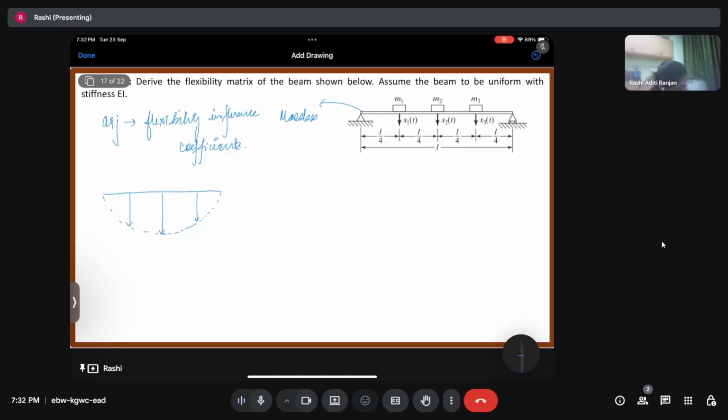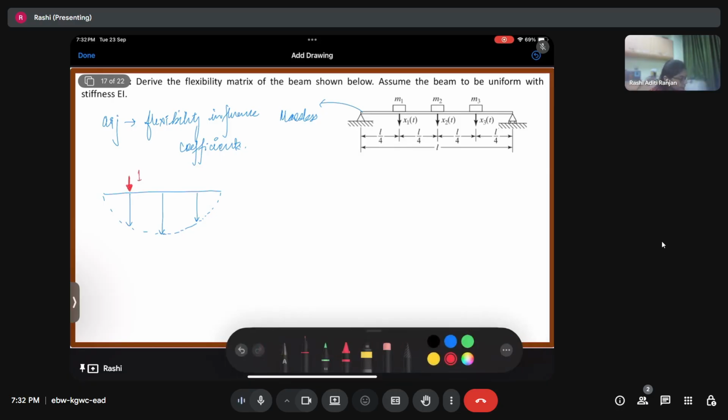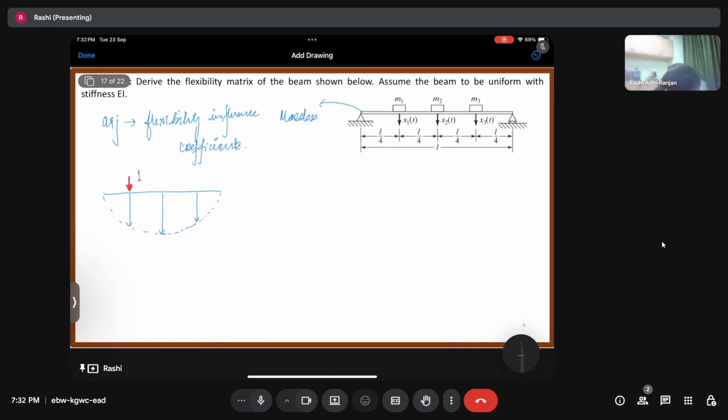If the 1 unit load is over here, then these deflections are known as A11, A21, A31. Simple. And then what are its values?